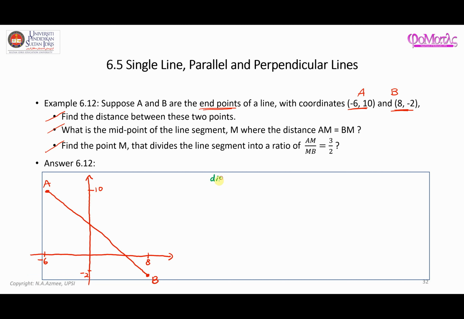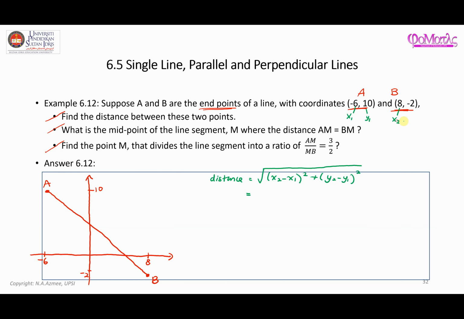So the distance between 2 points is just the square root of x2 minus x1 square plus y2 minus y1 square. So this can be your x1 and y1.